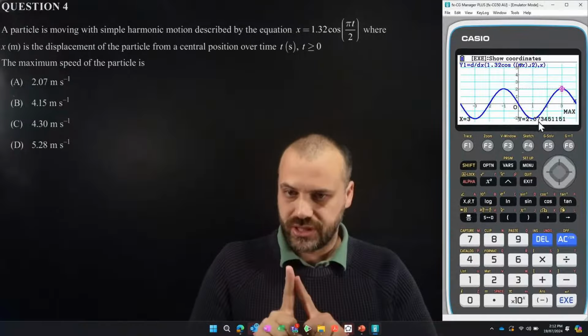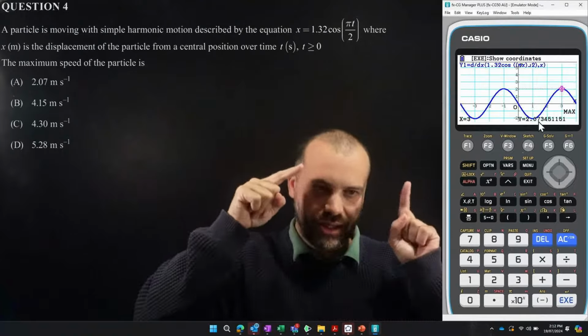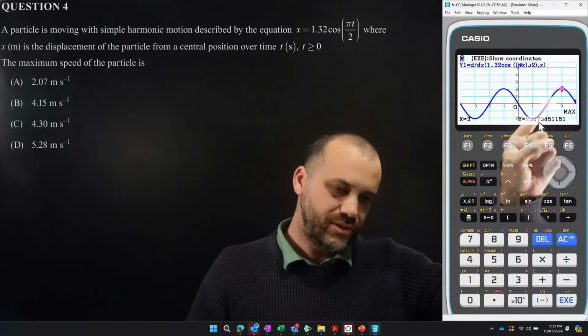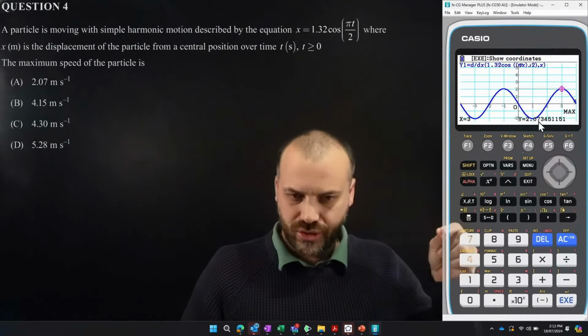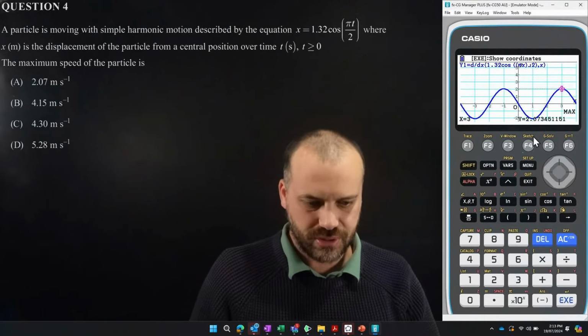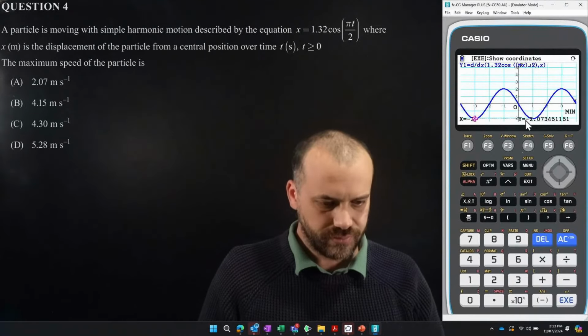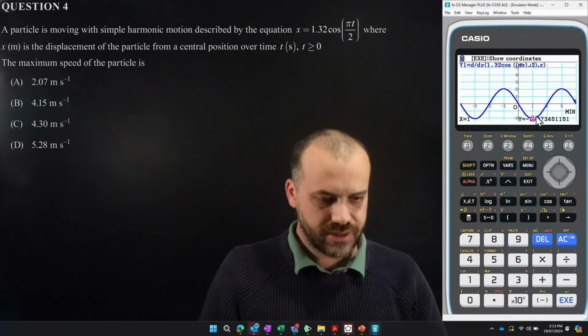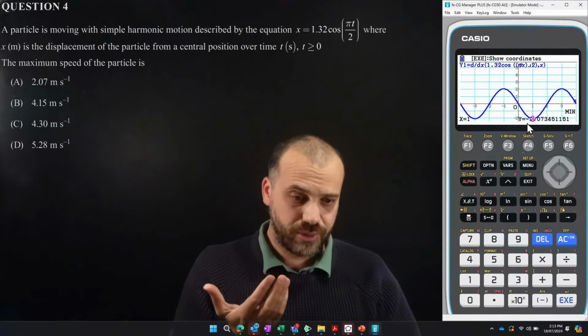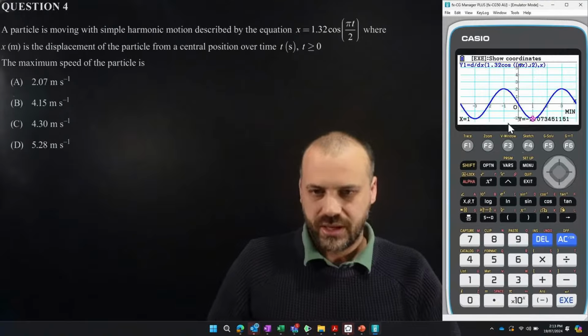Now, interestingly, note that it says maximum speed, and I'm looking here at this 3 value. There are actually lots of times when it has a maximum speed of 2.07. If I do G-solve minimum, I know it's negative 2.07, but that's a velocity of negative 2.07.